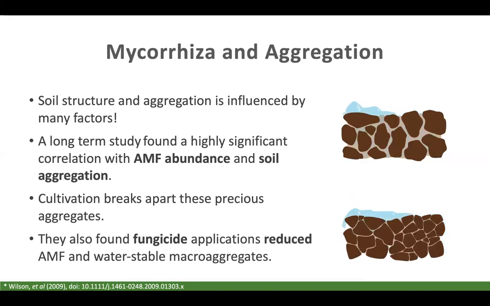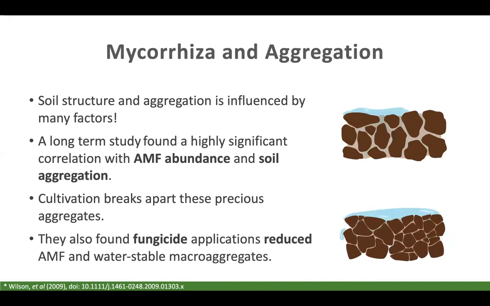And mycorrhizal fungi are unique in that they produce a very specific exudate, a microbial metabolite, a very gluey substance called glomalin. And this glomalin is very sticky. It's very stable as a source of carbon in the soil. It's very stable itself, but in particular, it's very sticky. So it helps to stick these soil particles together and stabilize them into these aggregates.